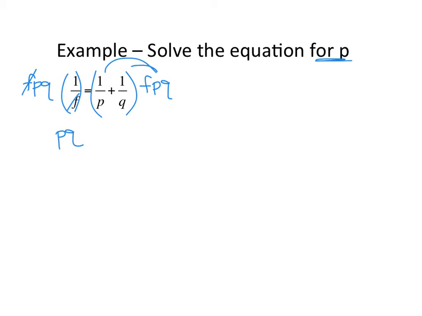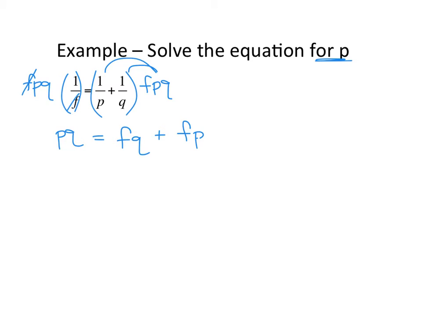Here, when we distribute, I tend to not want to cross out letters because some students get confused when I cross that p out, that p is all sort of used up in the second step and doesn't apply, and that's not the case. That p will multiply both of those chunks. So in the first one, the p cancels out and leaves f and q. And in the second one, the q cancels out and leaves f and p.